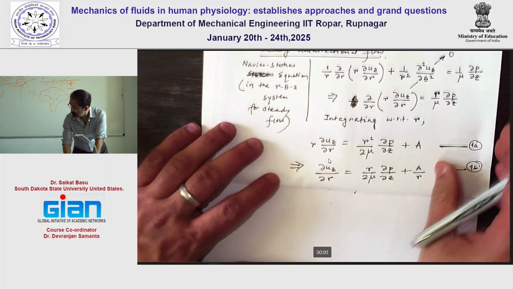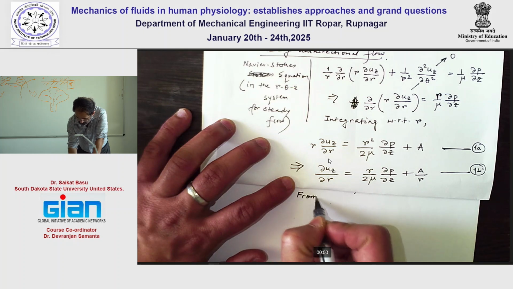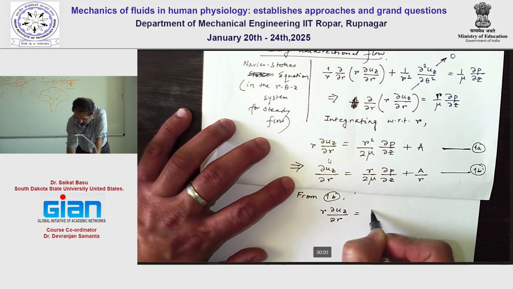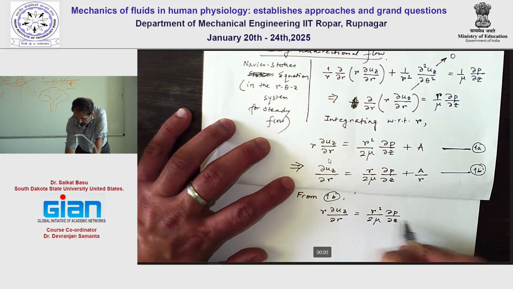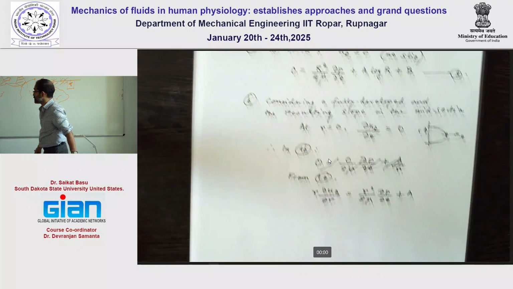From 1b, we can write r del uz del r is equal to r square over 2 mu del p del z plus A. And mathematically there is nothing stopping us from doing that.